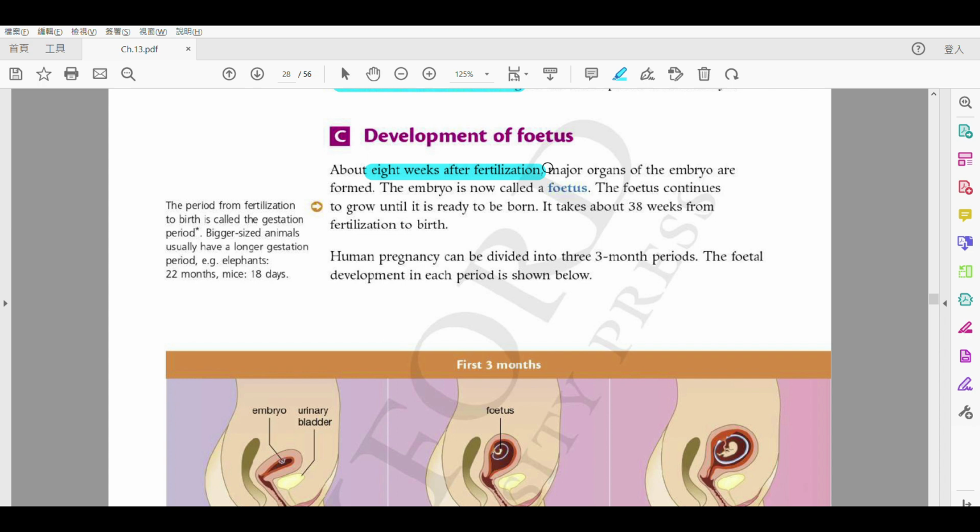Okay, 8 weeks 度啦，大概8個禮拜。So that means 2 months， 自己可以寫低啦。Around 2 months time， 2個月之後啦，and then what will happen？你會見到啦，major organs are formed. Okay, we often give definition by this， 就係會講 when will an embryo become a fetus？就係 major organs formed by the embryo.